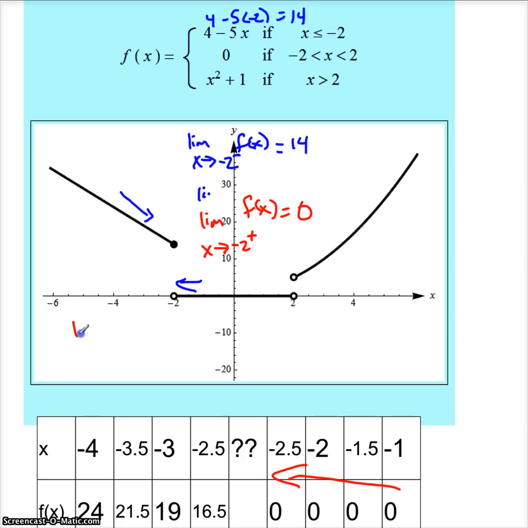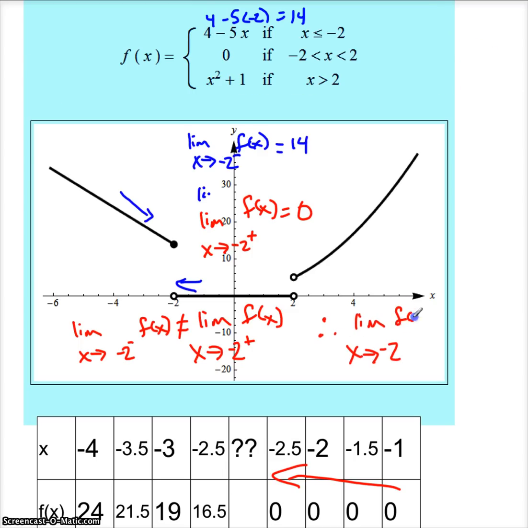So since the limit as x approaches negative 2 from the left of f of x does not equal the limit as x approaches negative 2 from the right of f of x, therefore, the limit as x approaches negative 2 of f of x does not exist.